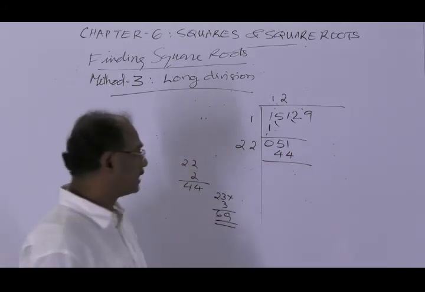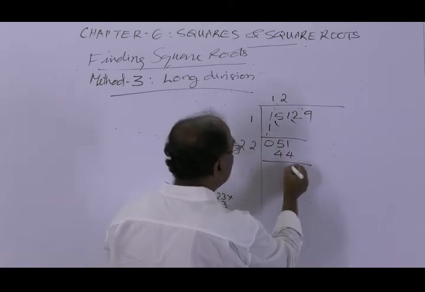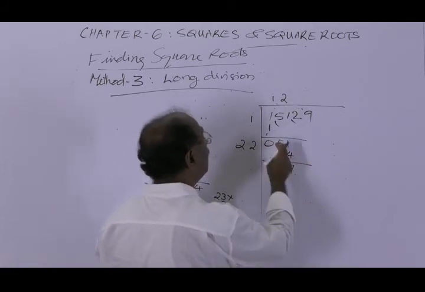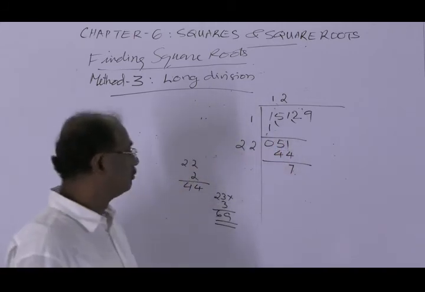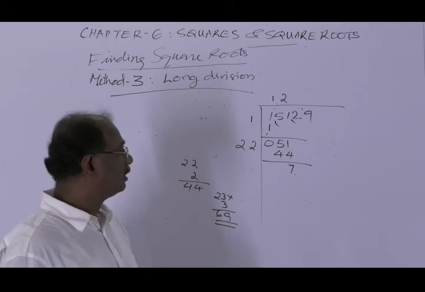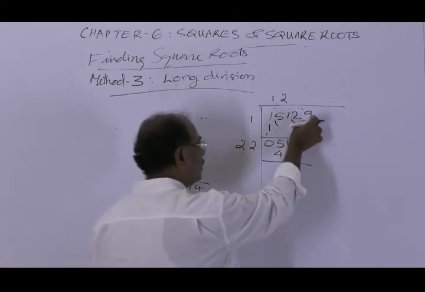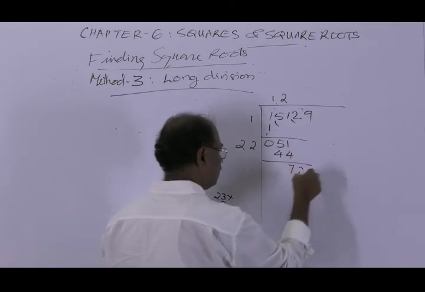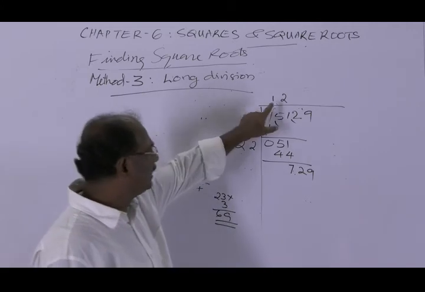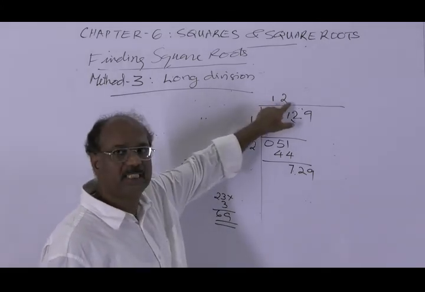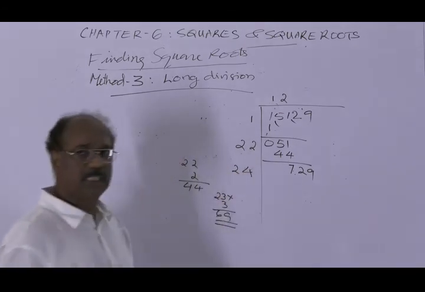Subtract. Proceed. Subtracting, 51 minus 44 is equal to 7. Then 1 minus 1 is 0. Then 29. Next pair put here, so we get 729. Write the double of this quotient, 24 here.